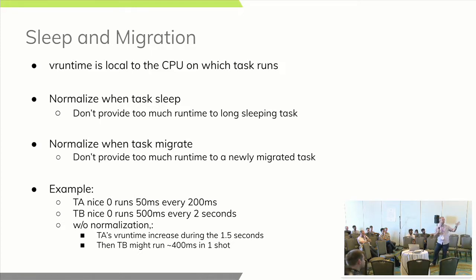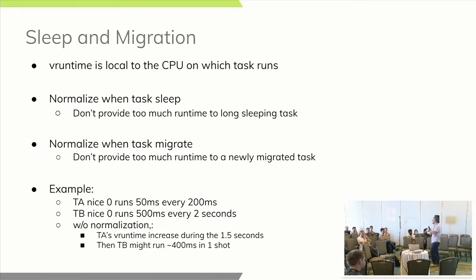This is an example of two tasks with the same nice priority, but they have some different running and sleep periods. Without this normalization, the task B might run 400 milliseconds in one shot because it will sleep quite a long time.